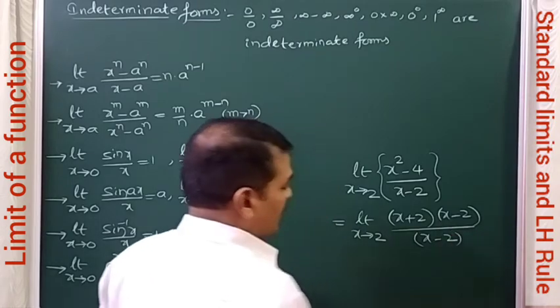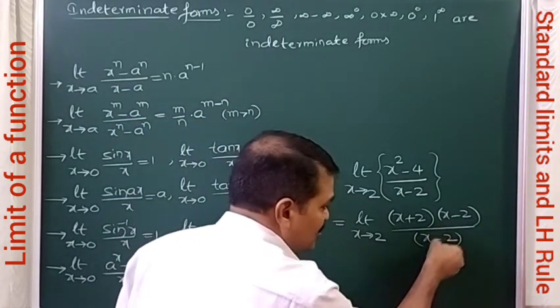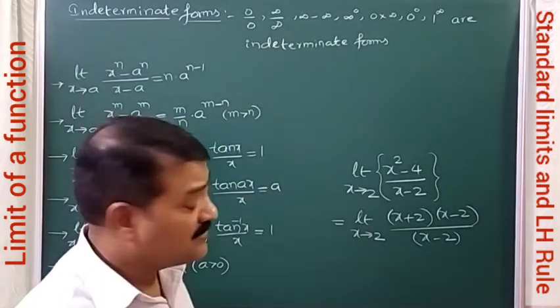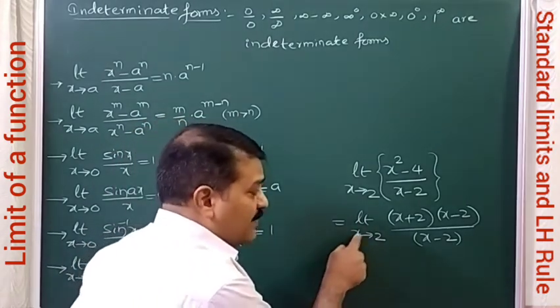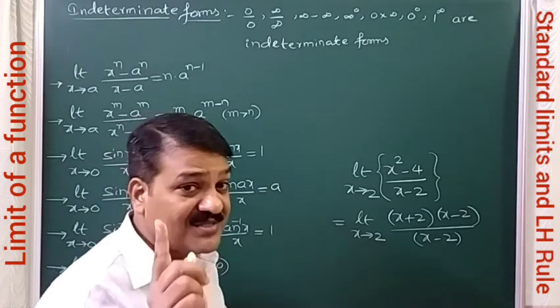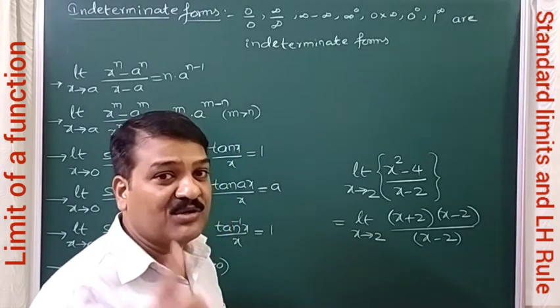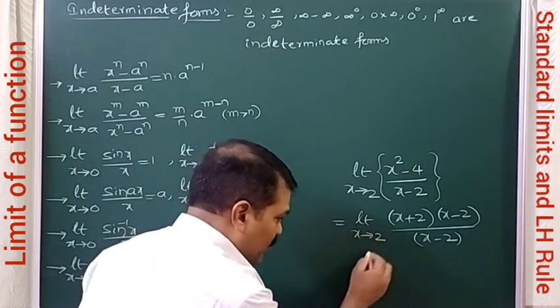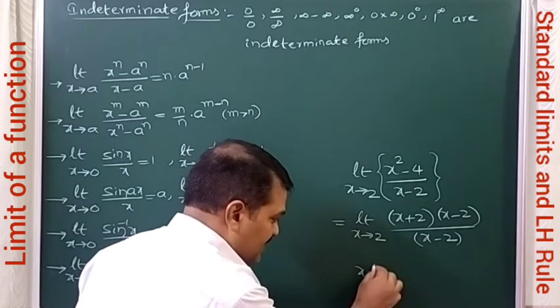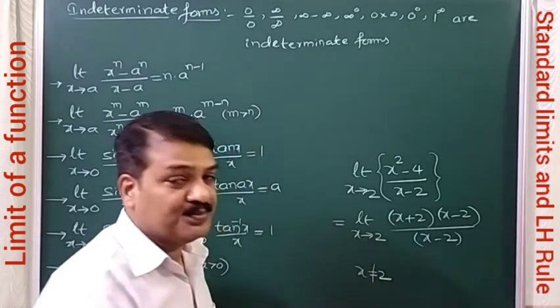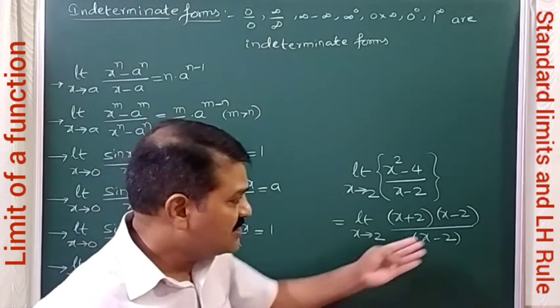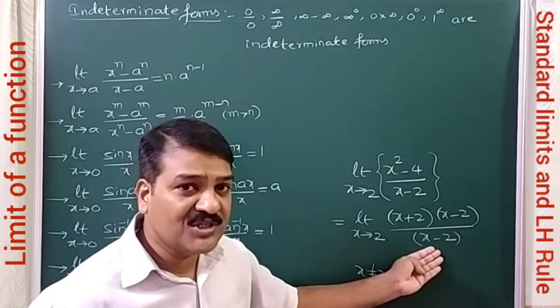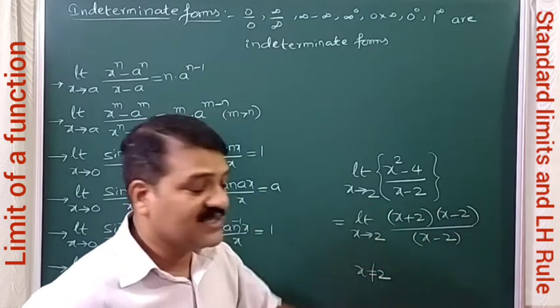Now shall I cancel x minus 2? Definitely, because limit x tends to 2 means x is approaching 2, but x is not exactly equal to 2. X approaching 2 means x cannot be exactly 2, so x minus 2 is non-zero, and therefore you can cancel.